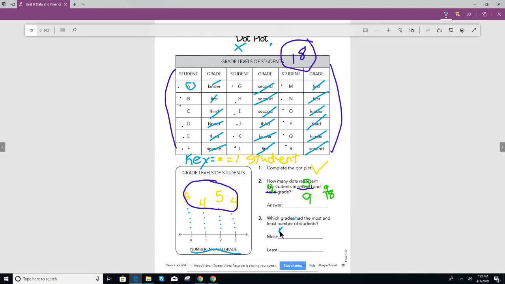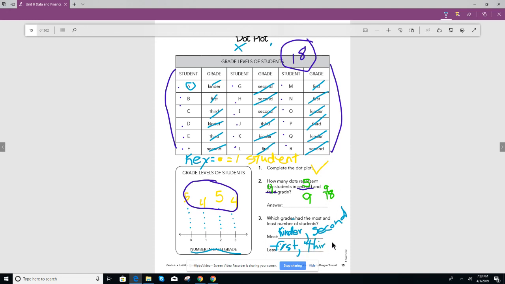So I'm going to write kindergarten, comma, second. Because they're asking me for a grade and not a number, I'm going to use words. Okay? And the least number of students. Well, there's two classes, first grade and third grade. So first and third.